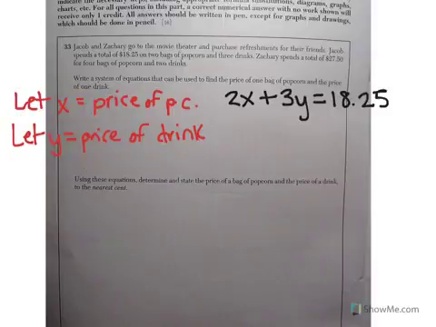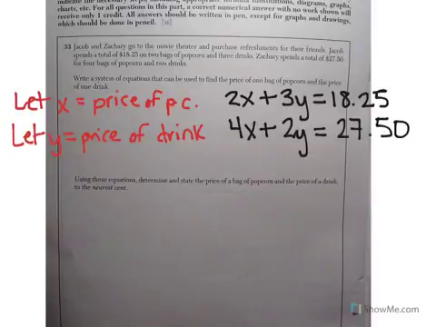So Zach spends a total of $27.50, and he buys 4 bags of popcorn, so we have 4x, plus he buys 2 drinks, 2y, equals his total of $27.50.